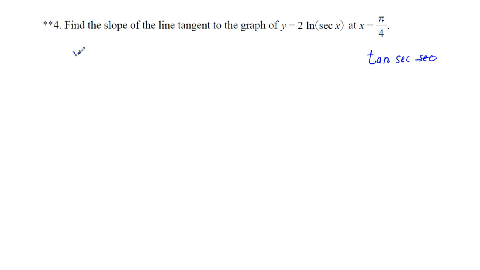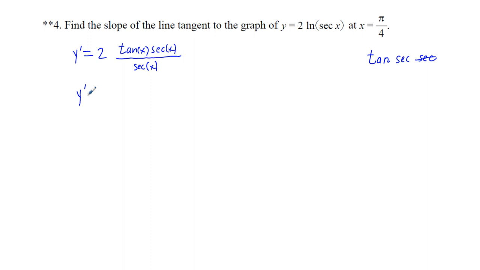So y prime is going to be equal to 2, and the derivative of ln secant x is going to be tangent x secant x over the original, which is secant x. And you should see that we have a nice little simplification here.